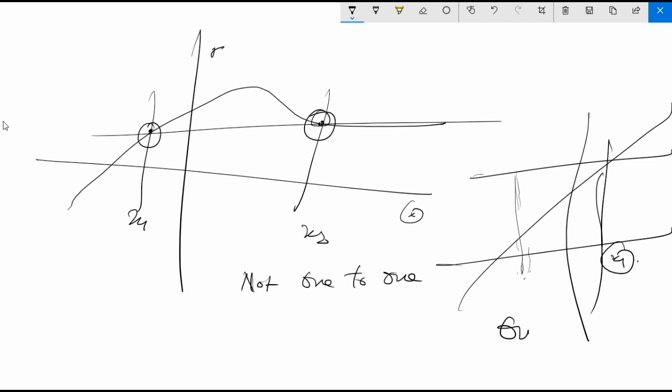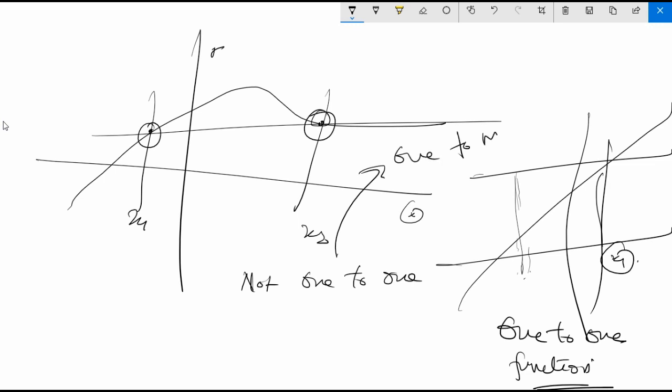So this is a one-to-one function, and the other kind of function is what is known as one to many.